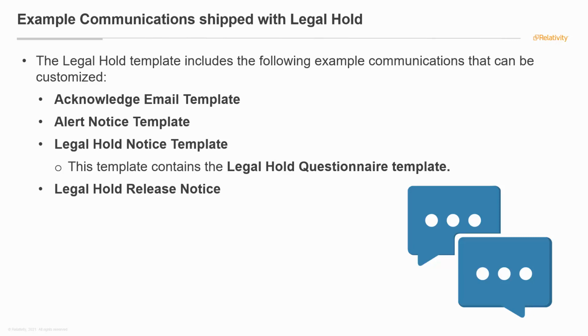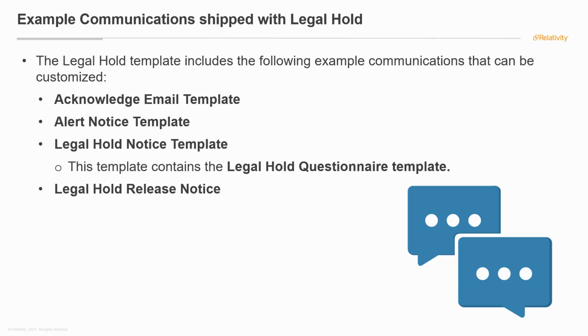The legal hold notice template notifies custodians of an anticipated or actual legal hold and contains a link to the custodian portal where the custodian can acknowledge their participation in the hold or that they've received the notice.